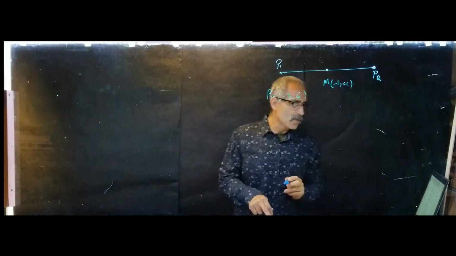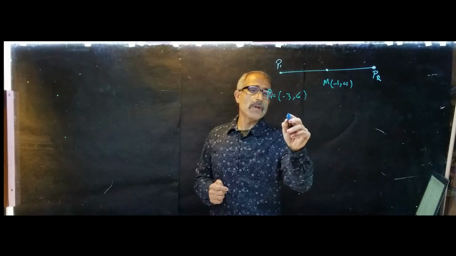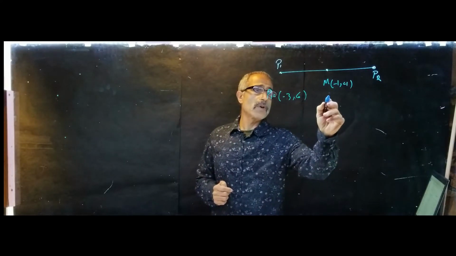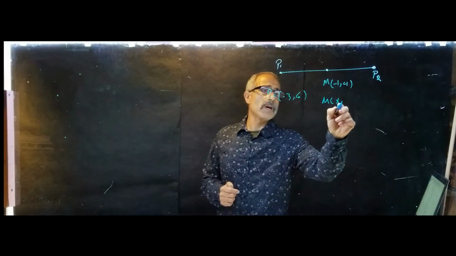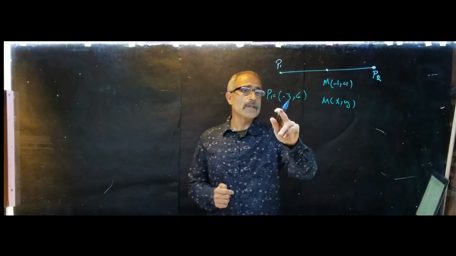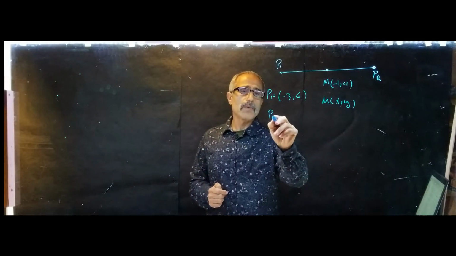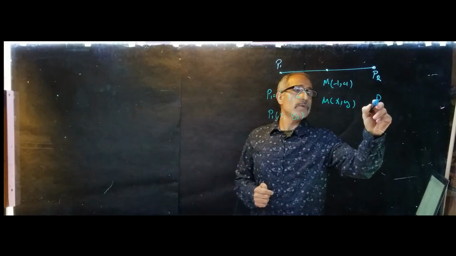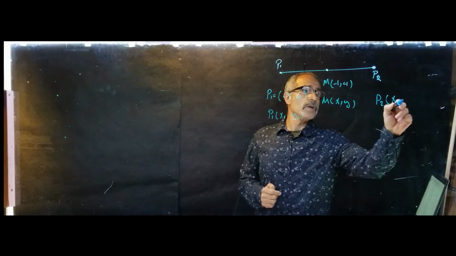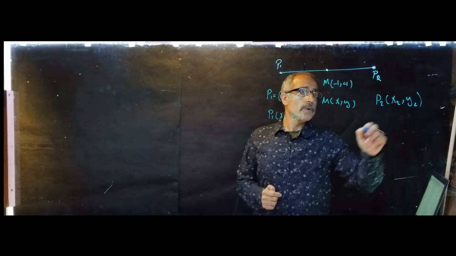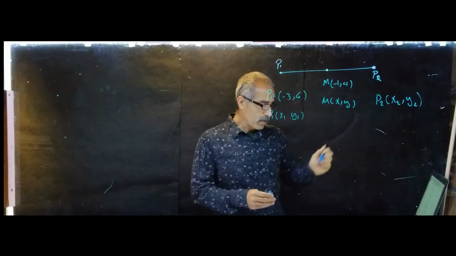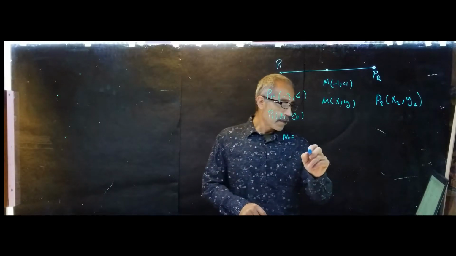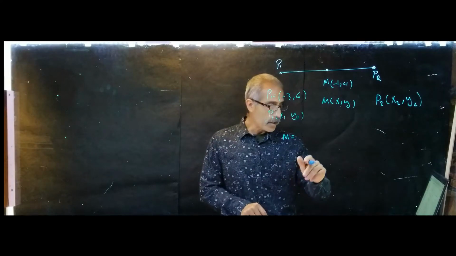Okay, so we know that the midpoint, if we call this midpoint x and y, and P1 is x1, y1, and P2 is x2, y2. And we can use the formula that we had. What was it?